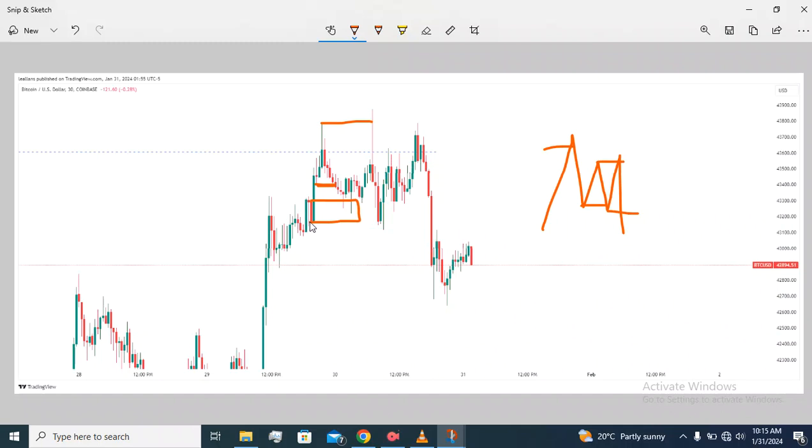Then we should be reaching for the next external liquidity, and this is the external liquidity that we should be targeting, right? After this is taken, then we can look at all this move here, all this leg here. We don't have any other liquidity that has not been swept that the market can use to stop from smashing our targets.